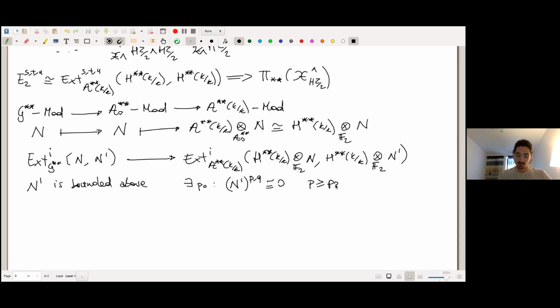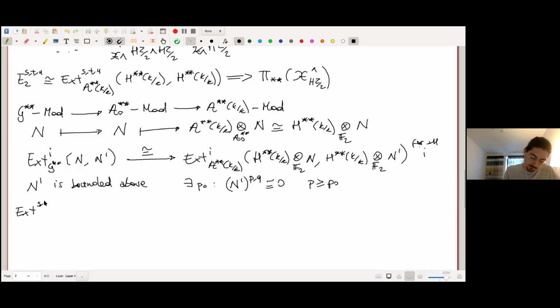Well, under this boundedness condition, all these homomorphisms are isomorphisms for all I, essentially. Okay, and in particular, now we can focus on our particular situation, and we can plug n prime equal F2, and so we obtain this simplification for this E2 page.